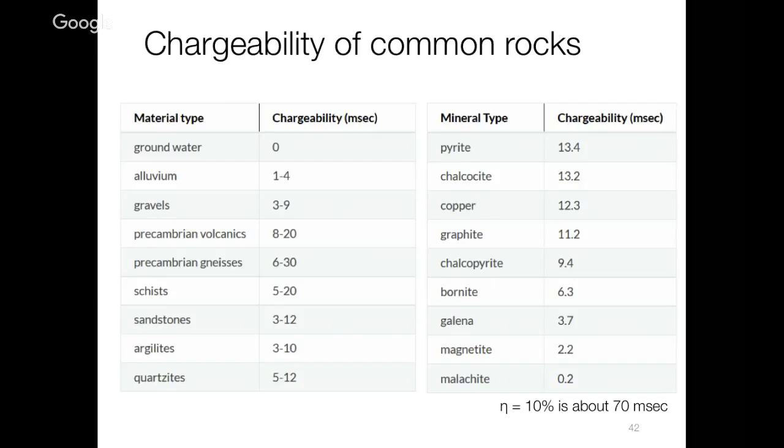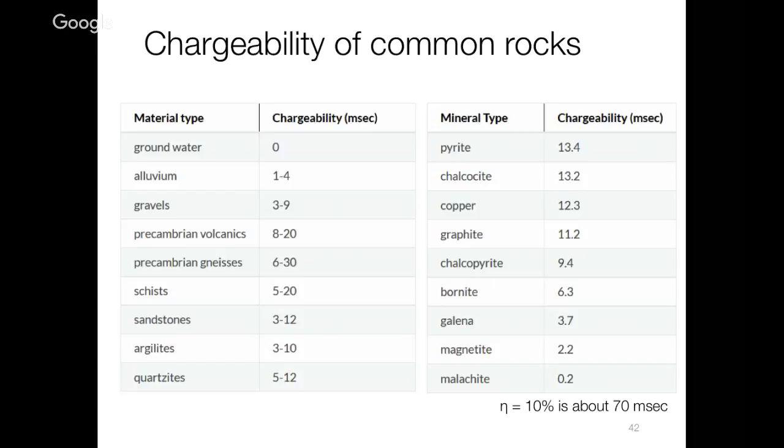If we look at the chargeability of rocks, it really depends upon the type of minerals and materials. Groundwater, for instance, has no chargeability. Gravels and alluvium generally have small chargeability. But pyrite, graphite, or chalcopyrite will have very large chargeability.